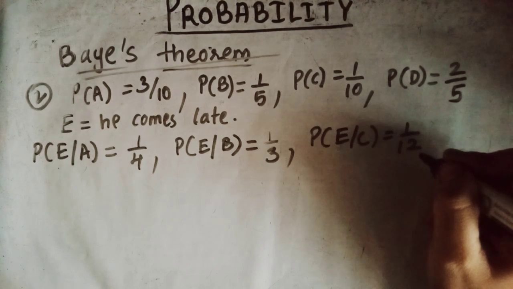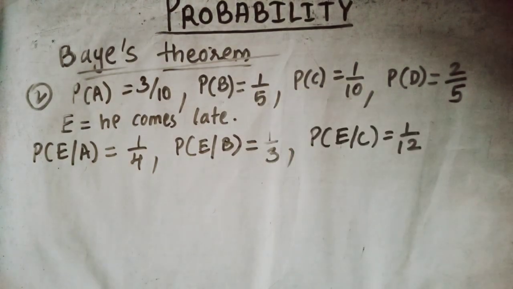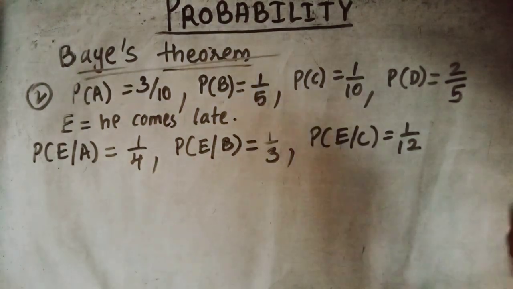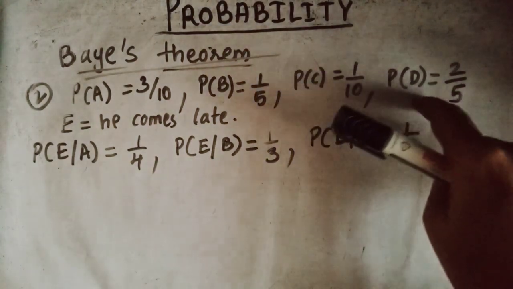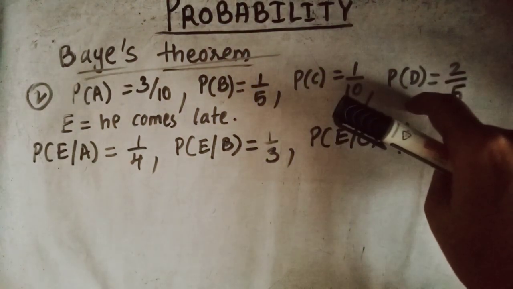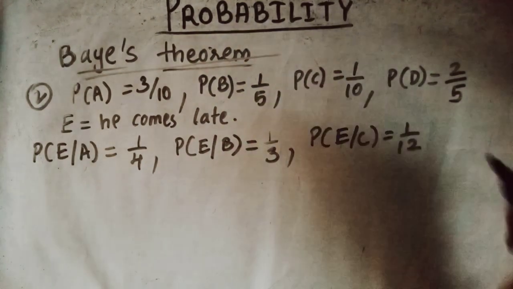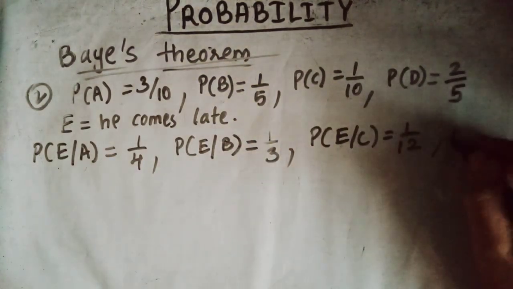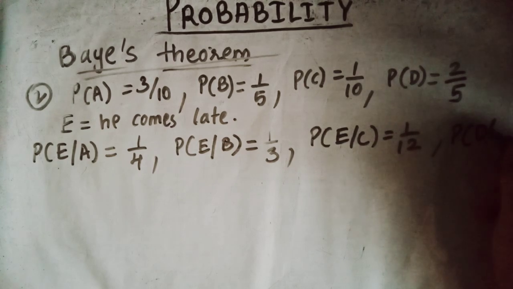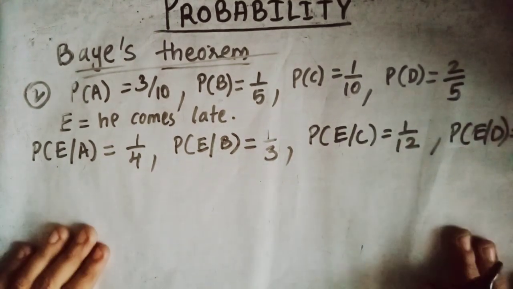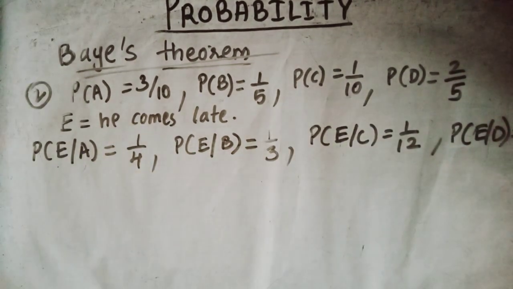But if he comes by other means of transport, then he will not be late. He is not coming late if he is coming by D, so this probability will be 0. P of E over D is 0. So we have all the information.